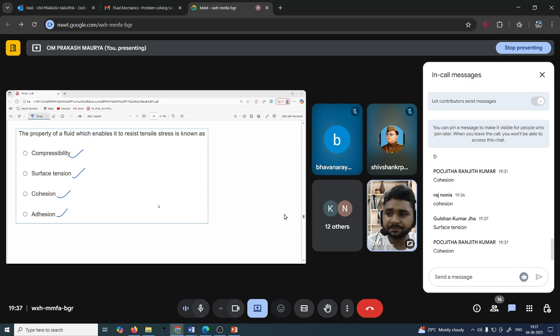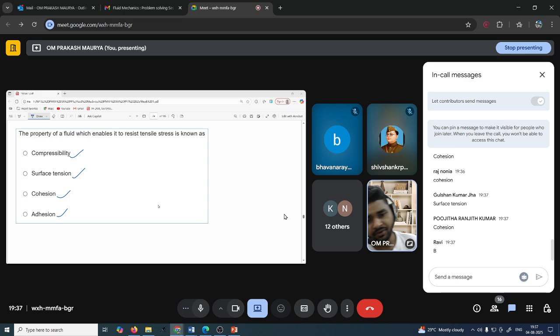Remember please, keeping this in mind, then try to give your answer. The property of fluid which enables it to resist tensile stress. Okay, surface tension, Gulshan is telling, and Ranjit is telling cohesion, Ravi is also telling surface tension, option B.